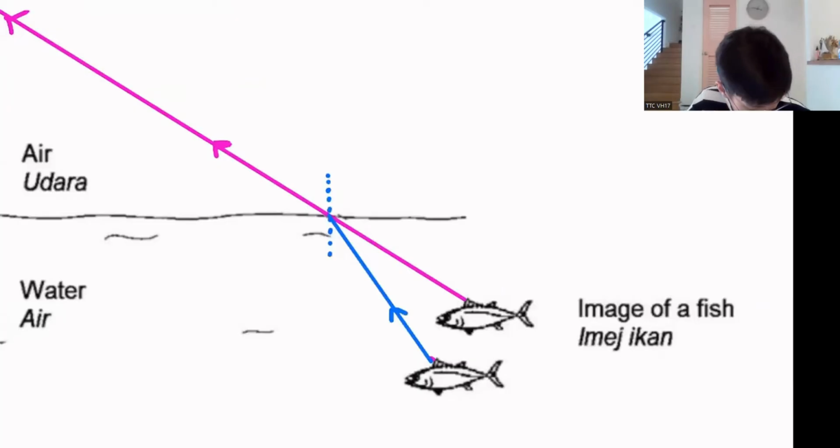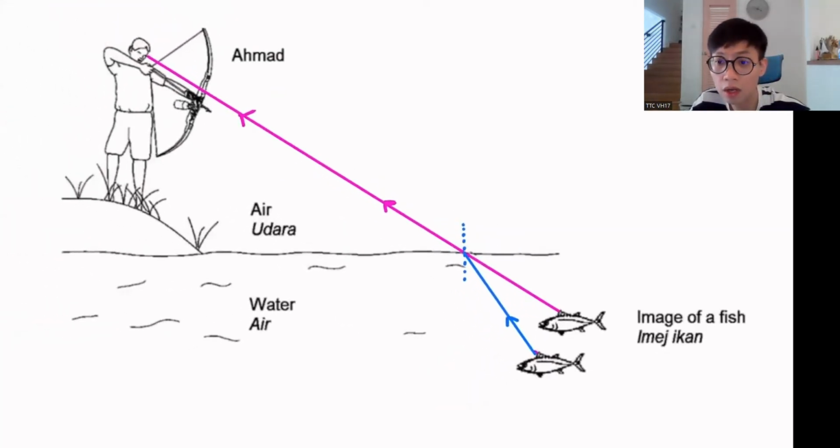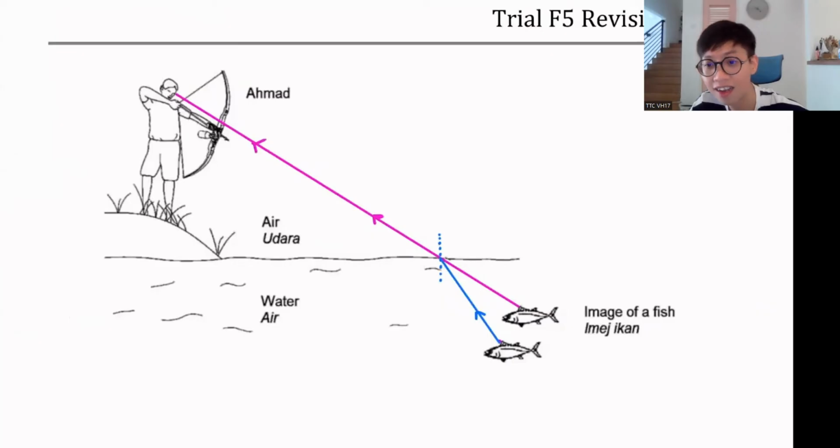What is the problem with this picture? Correct, very good, Yingxuan. So the answer is the dotted line. Only this is my dotted line, so actually the image has to be a dotted line.